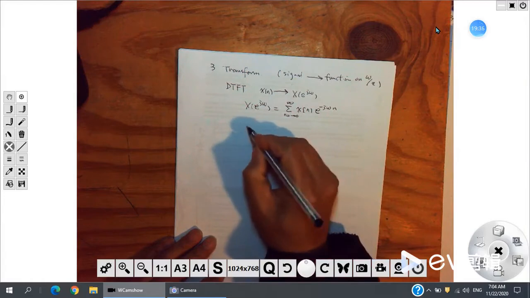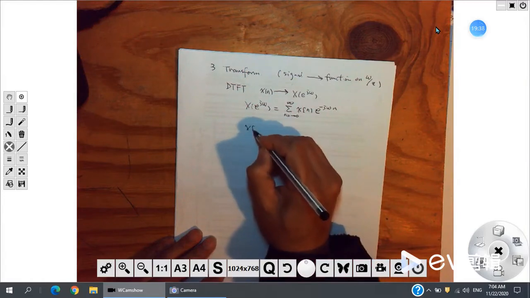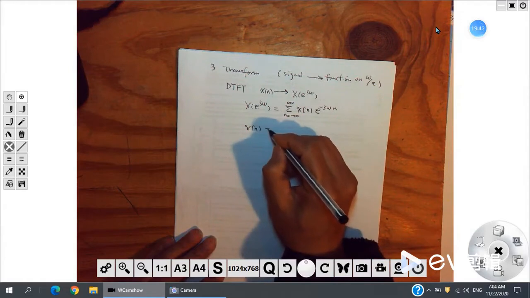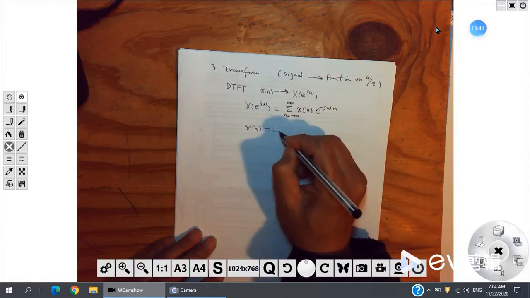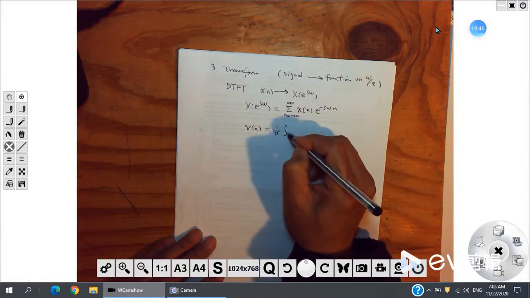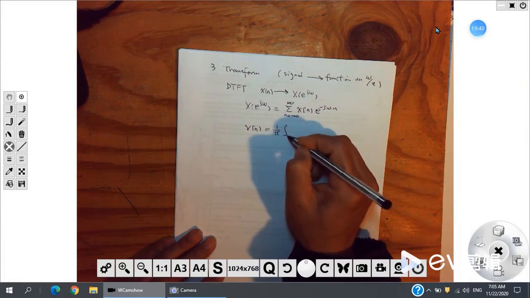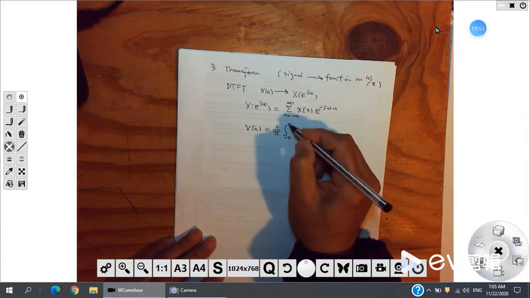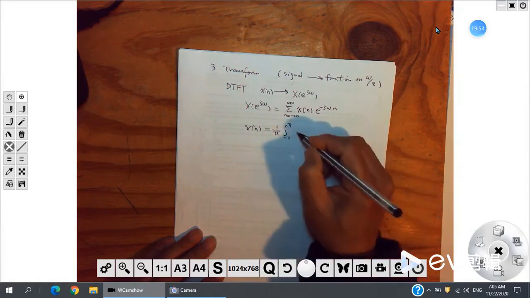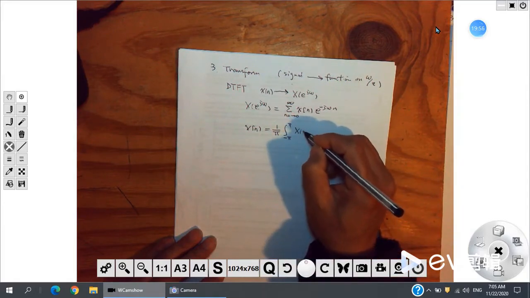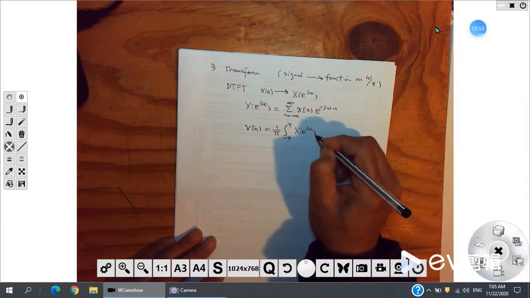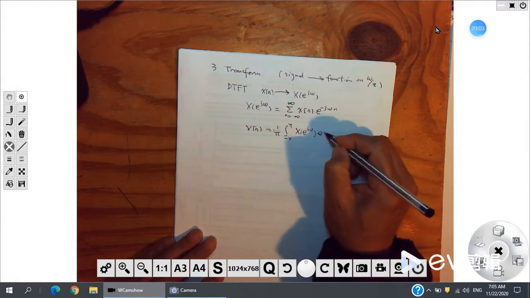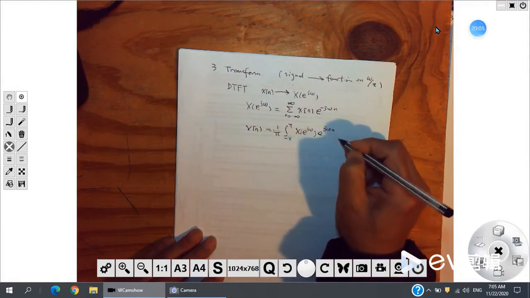We can also have another formula to go back from capital X to lowercase x. This is 1 over 2 pi times the integral. Here we need one cycle, so we use negative pi to pi. If you use 0 to 2 pi, the result would be the same. Inside is capital X of e to the j omega, times e to the positive j omega n, d omega.